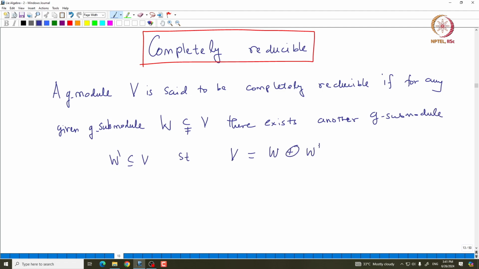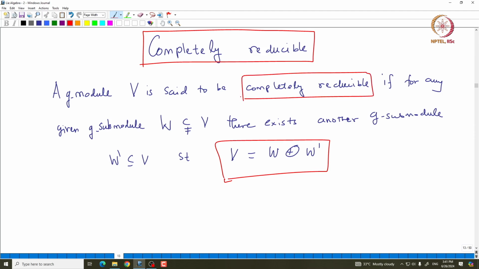One can also talk up to isomorphism, but because we have assumed they are all submodules, we just demand V is equal to the direct sum of these two submodules. So, this is the definition of completely reducible.